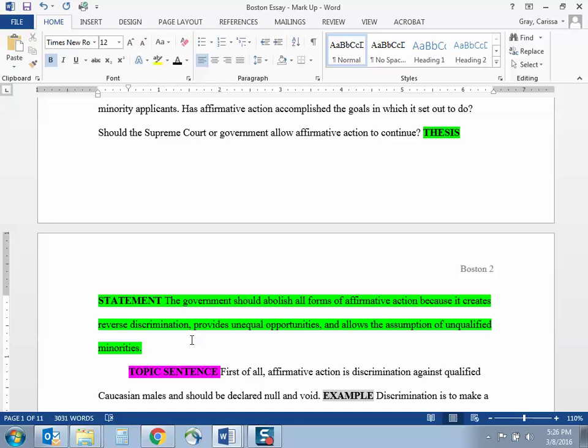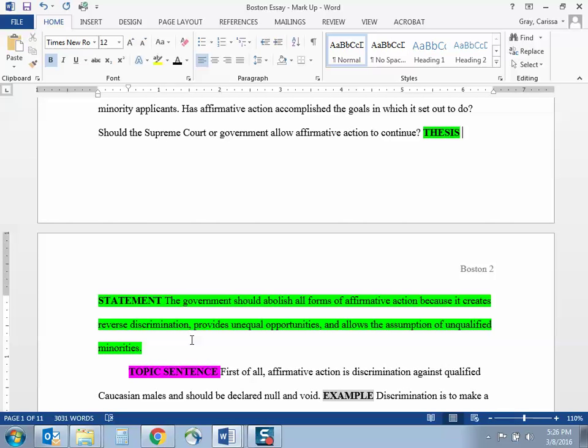Affirmative action is when an employer or a school gives preferential treatment to minorities. In other words, if you have a college, they have a certain quota, a certain number of blacks they will admit. If you have an employer who wants a quota to be sure that he has enough women represented. So affirmative action is a practice where you give preferential treatment to minorities to keep everything balanced.